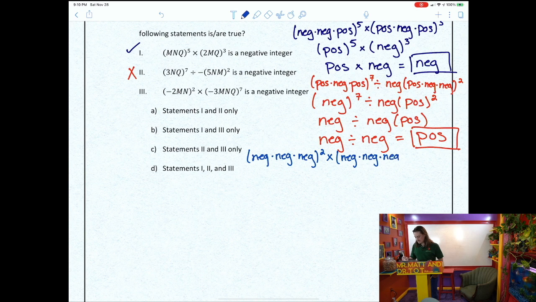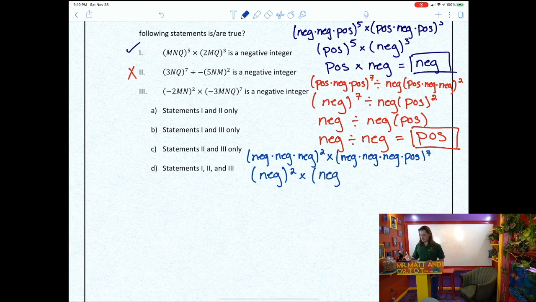Quantity raised to the 7th power. So a negative times a negative times a negative. There's an odd number of negatives there, so that's going to remain negative. That's going to be a negative squared. A negative times a negative times a negative, that's an odd number of negatives, so that's also going to remain negative. That negative result times a positive is still negative, so that's going to be a negative raised to the 7th power.